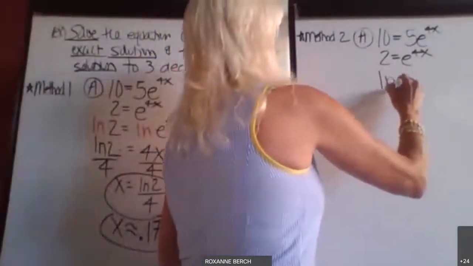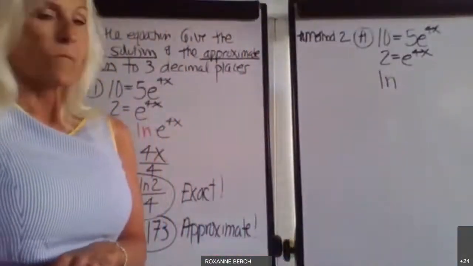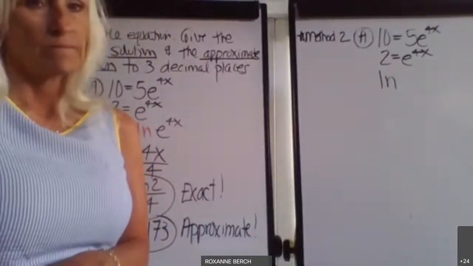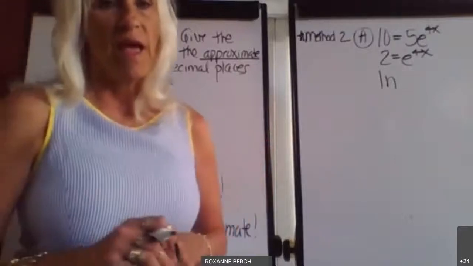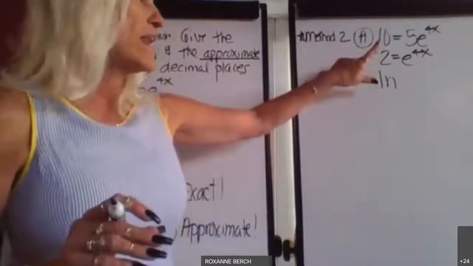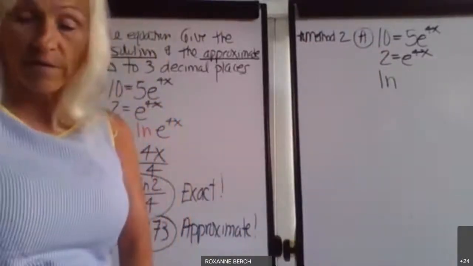Well, for sure, it's going to be a natural log of what? So look at your notes, and it's the definition of a logarithm. How do you write an exponential form into logarithmic form? How do you do that?